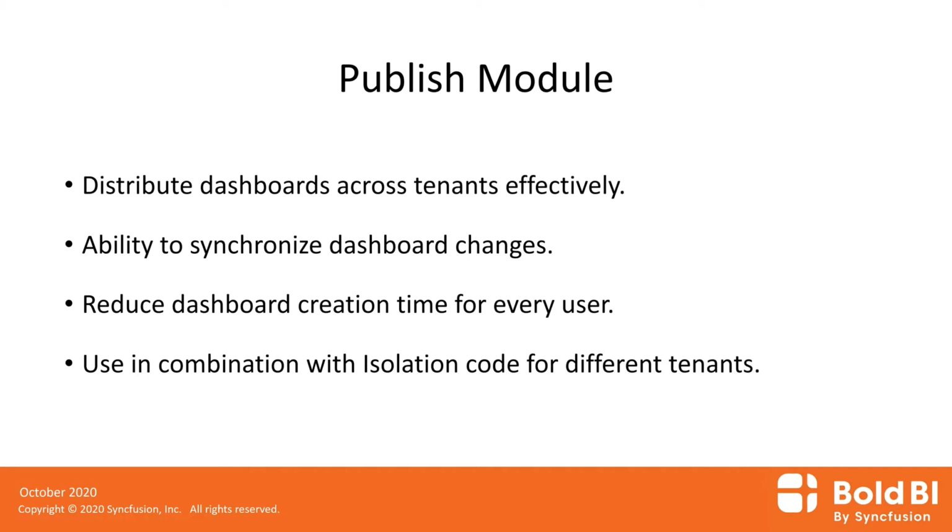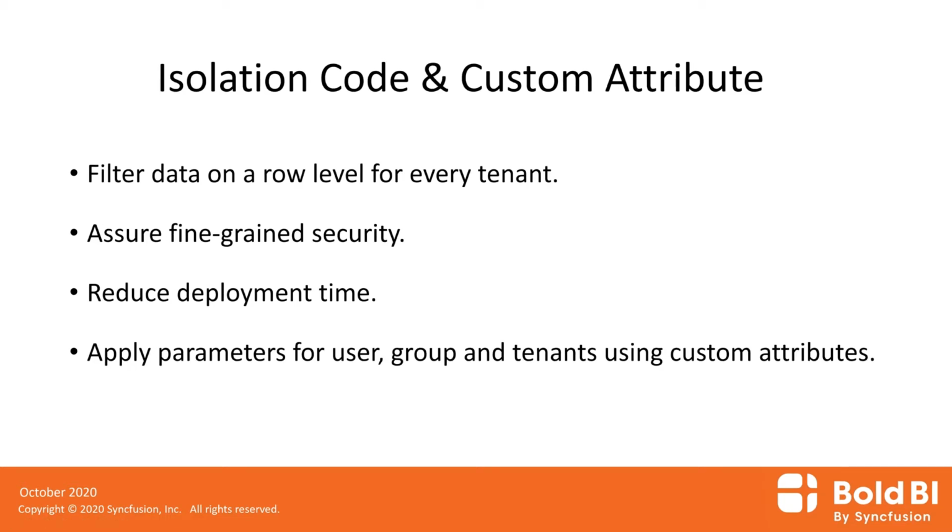But imagine the case when you have the same database for every customer, but you have isolation code for them, so that when you publish the dashboard to different tenants, that isolation code can help you in differentiating every customer's data, and in the dashboard you'll view only the data that is meant for every customer instead of displaying the entire data. So let's see how this isolation code can be put together with the publish module in the next feature that I'm about to show.